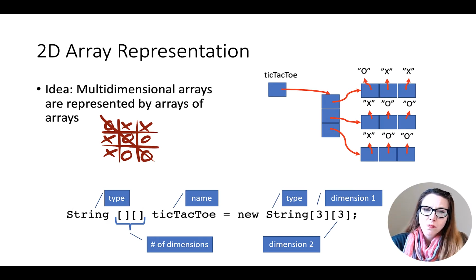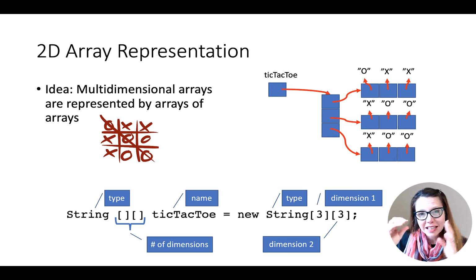So multidimensional arrays are really represented by an array of arrays. So you can imagine that you're creating a string array of size 3, and then within each one of those, you have another array of size 3. So this depiction here is of our little board in red.